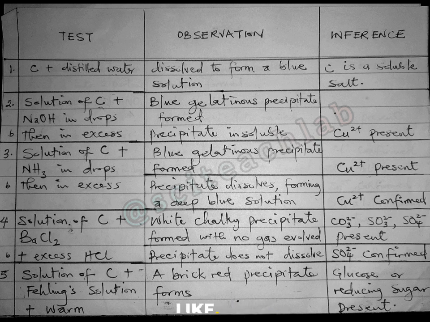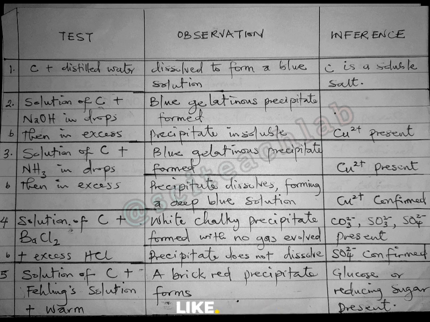Okay, so you've tested with sodium hydroxide and ammonia. So you see, copper ions will not dissolve in excess of sodium hydroxide, but will dissolve in excess of ammonia. So that is a distinguishing test for copper ions, Cu2+ ions.